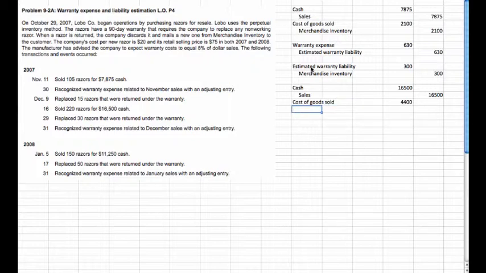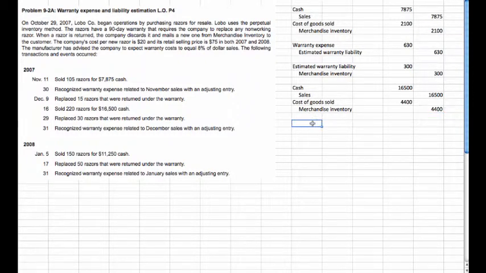We have to take it out of merchandise inventory for the $4,400. So you can see that this first journal entry for November 11th is almost identical to the journal entry that was done on December 16th. The only difference is in terms of the dollar amounts.